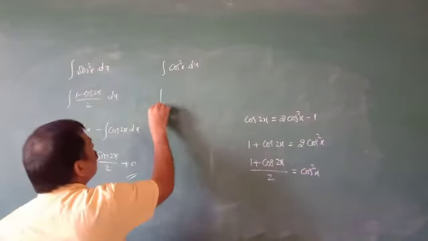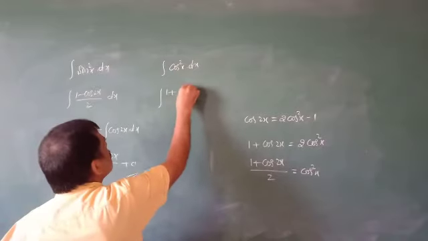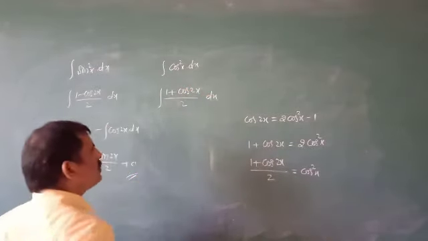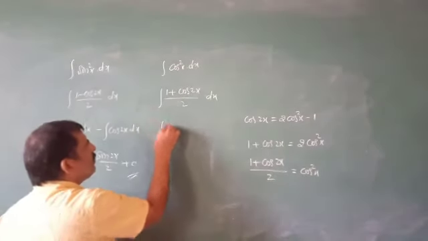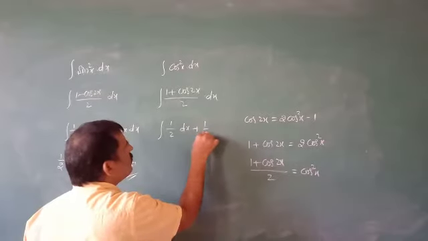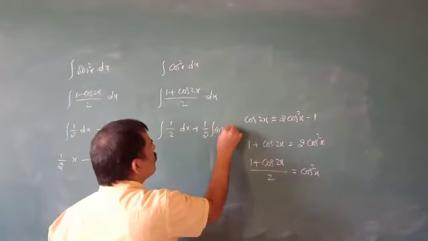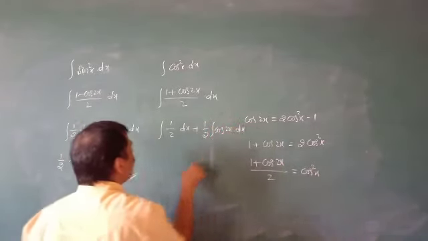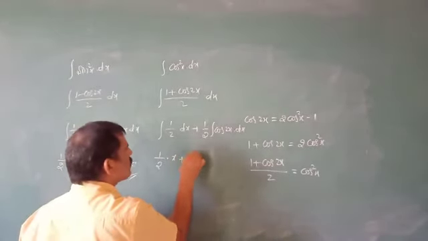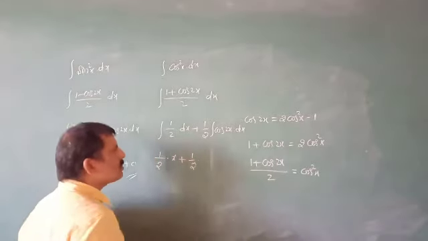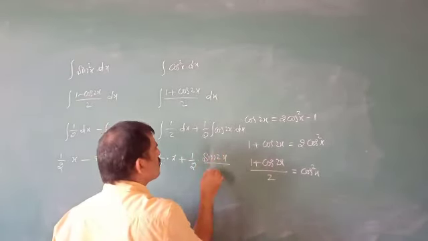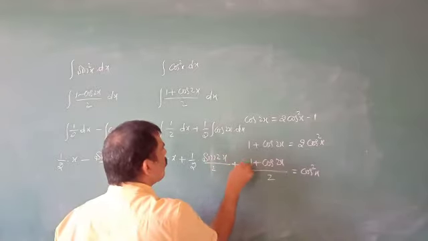So it is 1 plus cos 2x divided by 2 with respect to x, which is integrate of 1 by 2 into dx plus 1 by 2 into integrate of cos 2x with respect to x, equal to 1 by 2 into x plus 1 by 2 into sin 2x divided by 2 plus c.